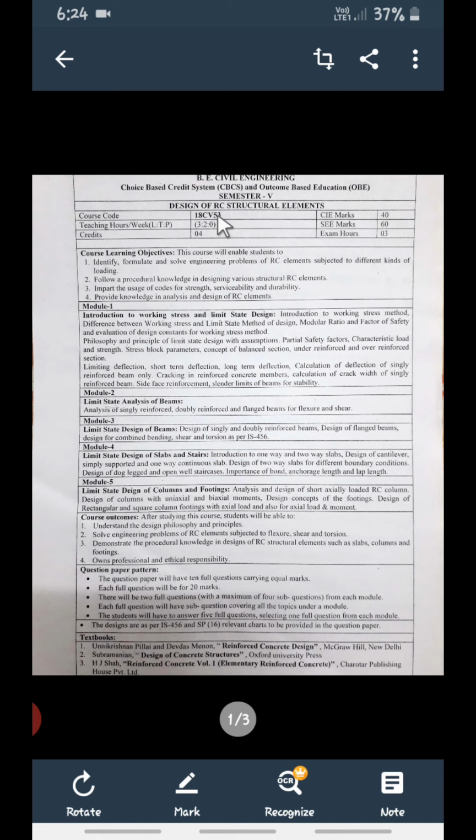RCC is nothing but reinforced cement concrete. R indicates reinforced, C cement, and another C concrete. What is the difference between normal concrete and reinforced concrete?